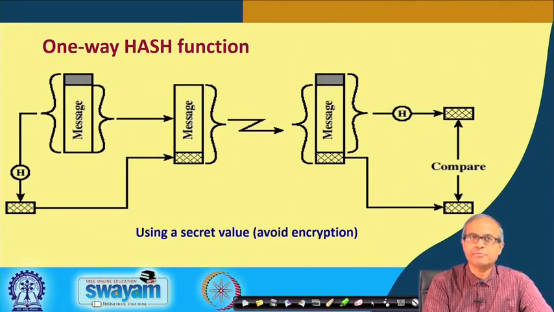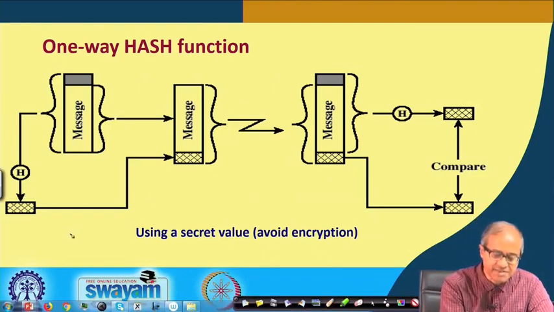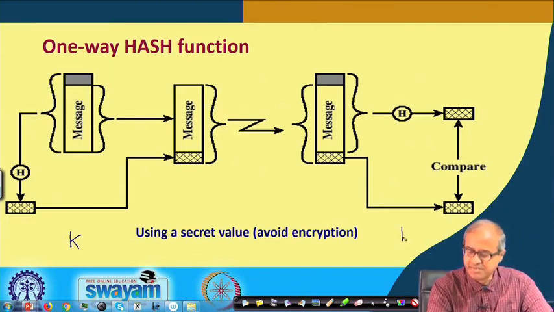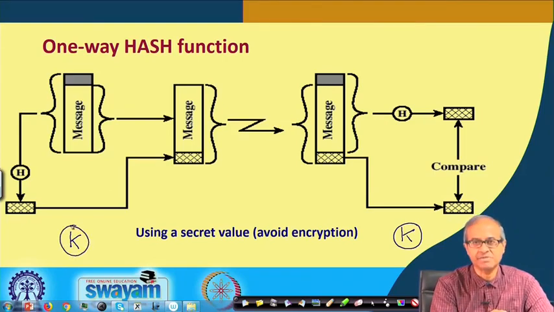There is another approach where we try to avoid encryption. Let us assume that we have a secret value k, like a key, shared by the sender and receiver, but we are not using this value k for encryption and decryption.